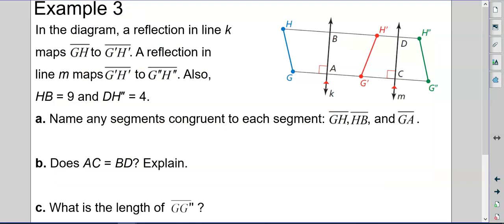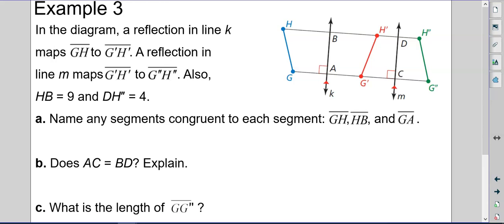All right, so there's a lot going on here. In the diagram, a reflection in line K maps GH to G prime H prime. Okay, so in other words, the blue line folds over K and becomes the red line, G prime H prime. Then that one is reflected over line M to the green line, G double prime H double prime.